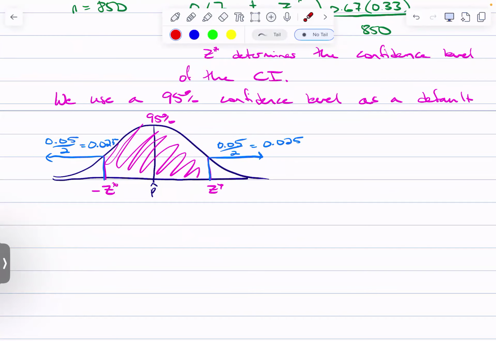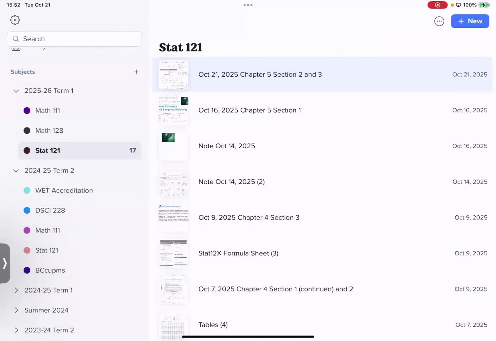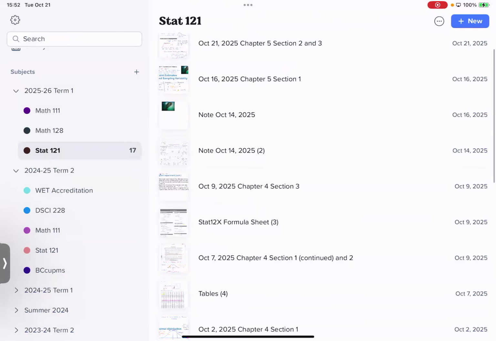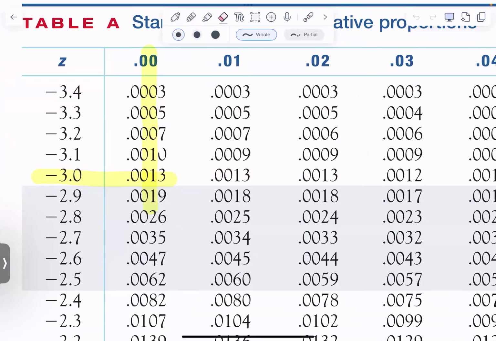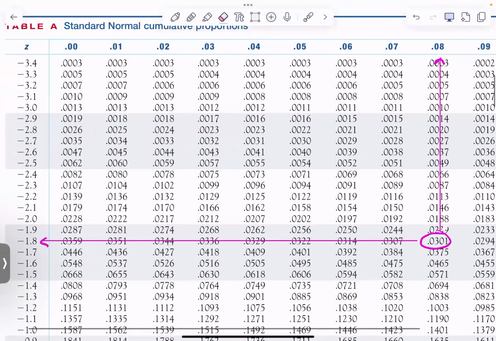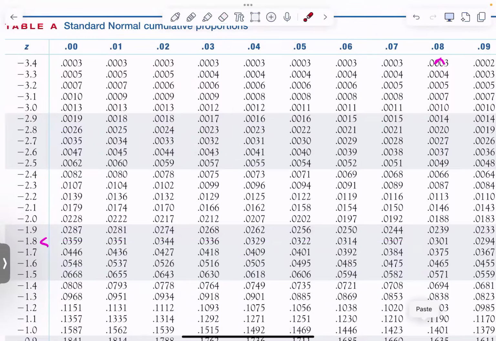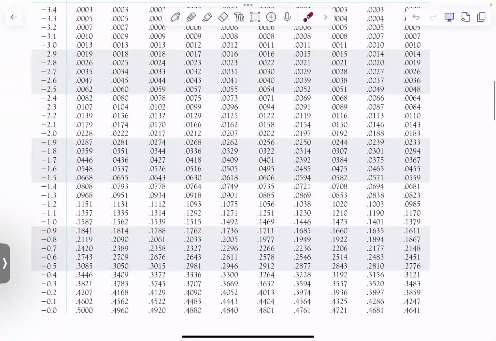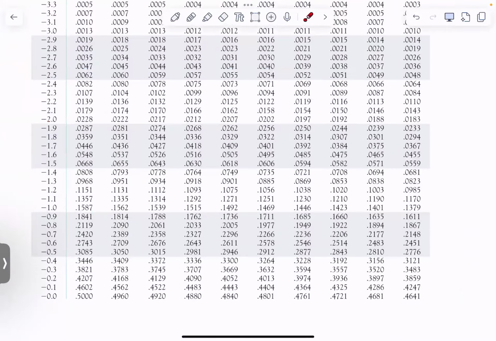So how do we find this Z? Well, we can go to our Z table. It's old. And what are we looking for? We're looking for a table entry, right? A probability that's closest to 0.025.